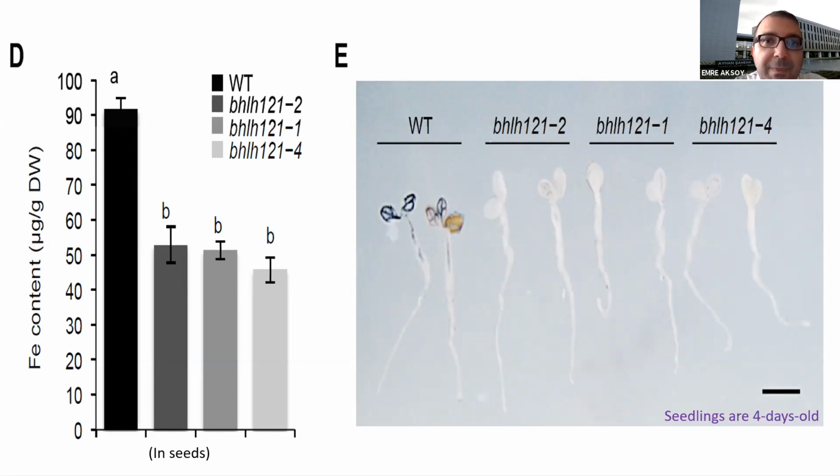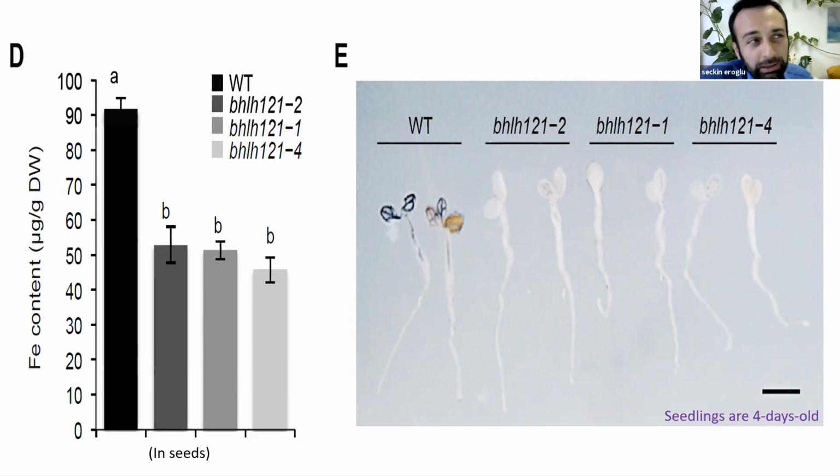Plants become more sensitive to iron deficiency in the next generation if the parent was grown in iron deficient conditions. The parent accumulates less iron in the seed, therefore those seeds grow much slower and are more sensitive to iron deficiency.